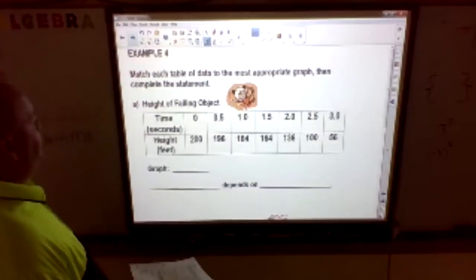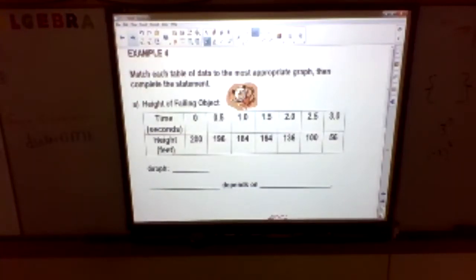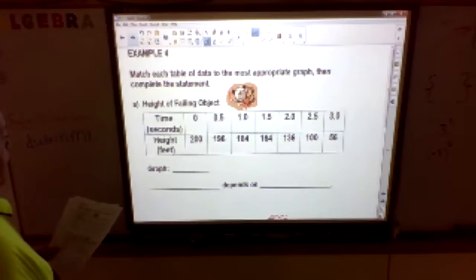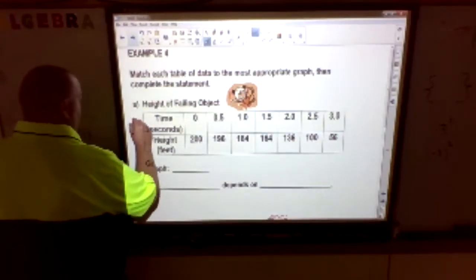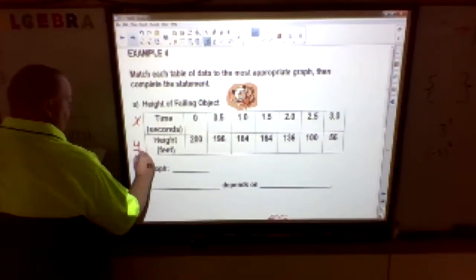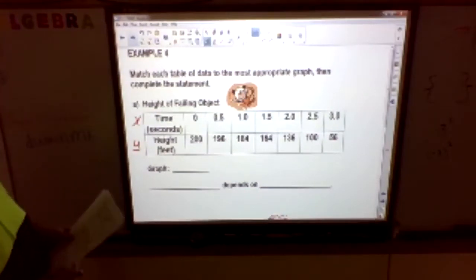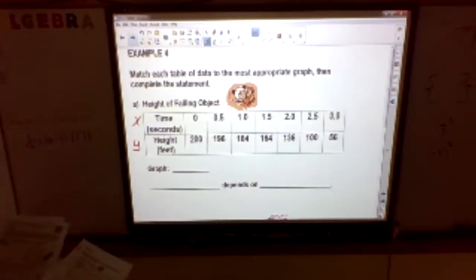Okay, so the next example, example number 4: match each table of data to the most appropriate graph, then complete the statement. Let's go ahead and label. Remember, your top row is always your X, which is your independent. Your Y is your bottom row, which is your dependent. Example 4, the height of the falling object.